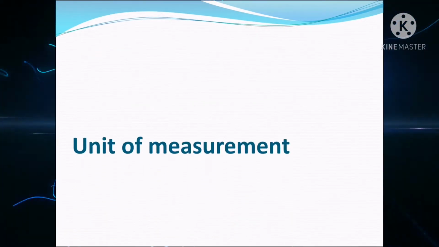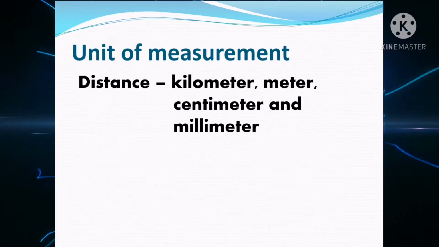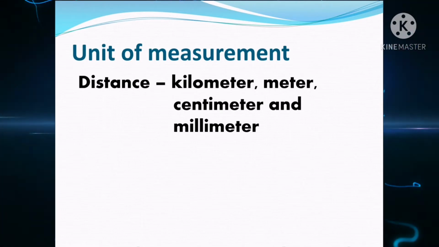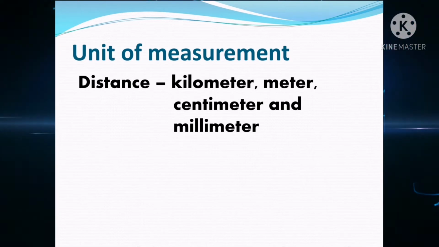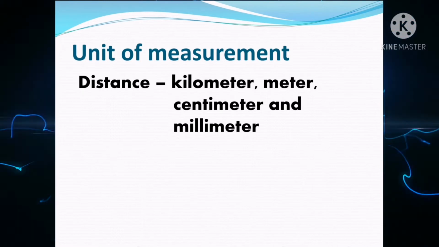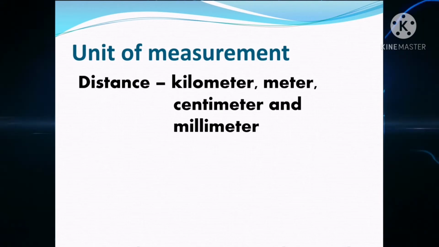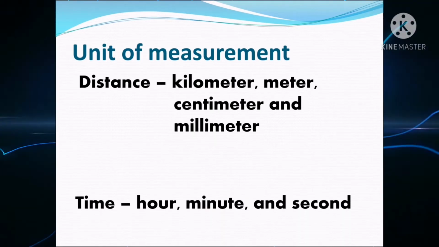Now, this time, let us try to know the unit of measurement for distance, time, and speed. Let us start with distance. The units of measurement for distance are kilometer, meter, centimeter, and millimeter, and many others. Next, we have time.